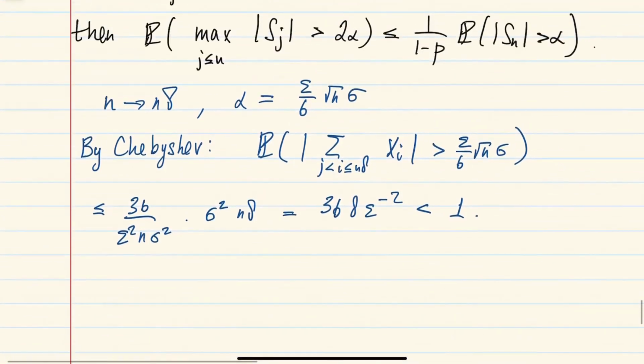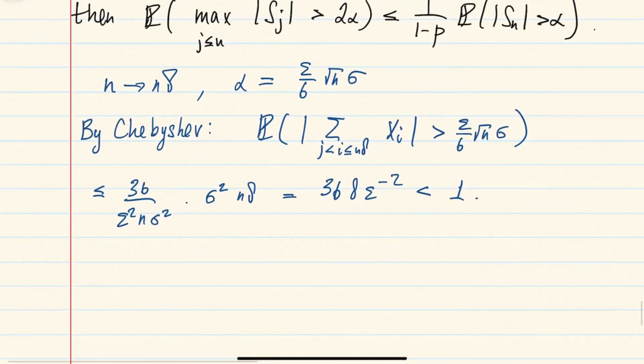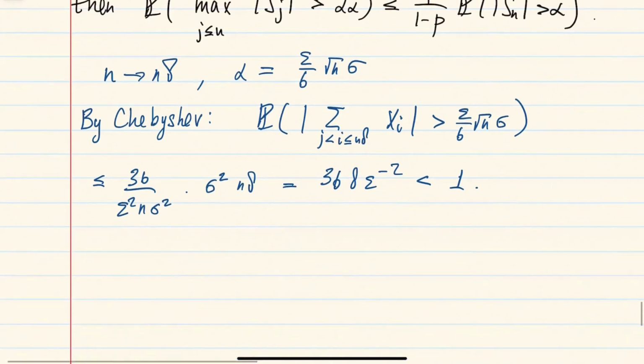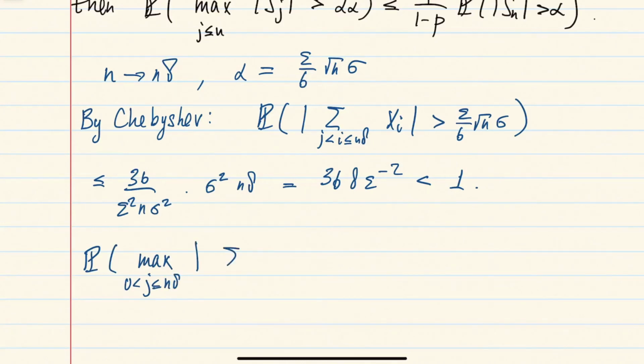Then applying the above inequality, we get control of the probability for the maximum of partial sums. Here we get the probability that the maximum up to n delta of the partial sums up to j exceeds 2 alpha, so epsilon over 3 square root of n sigma, which is exactly the probability we want to control.